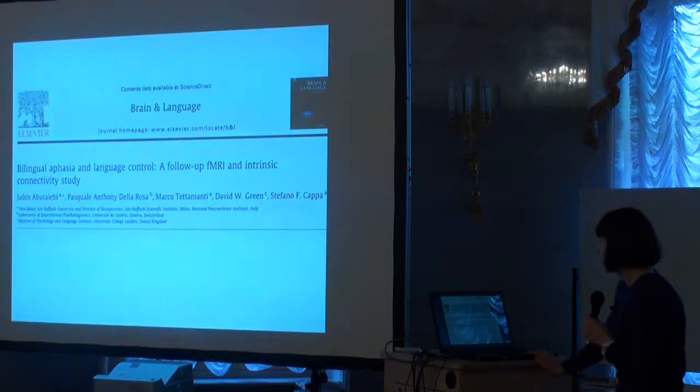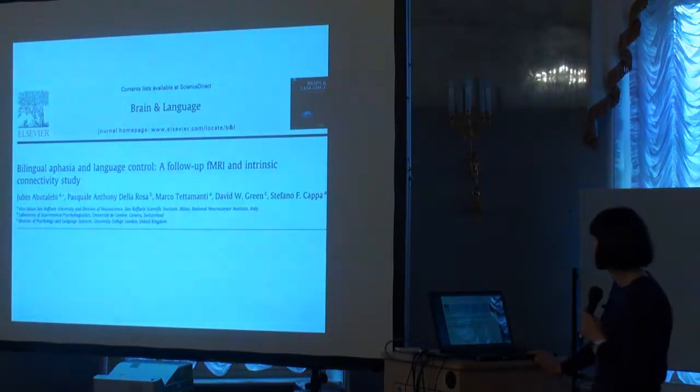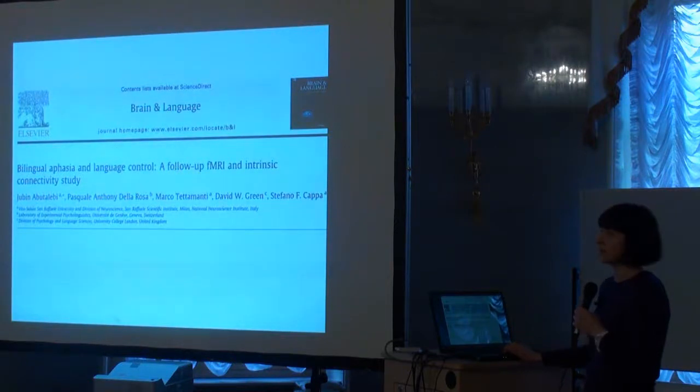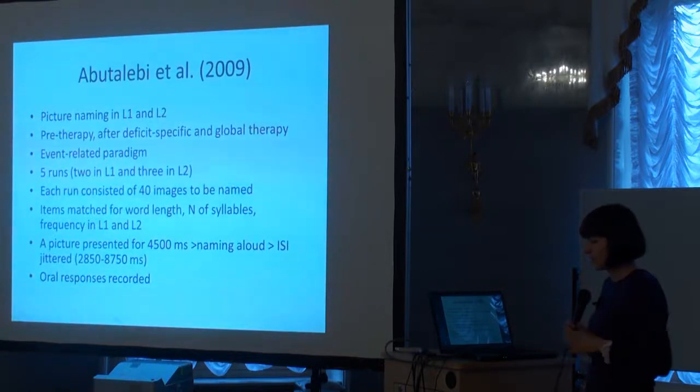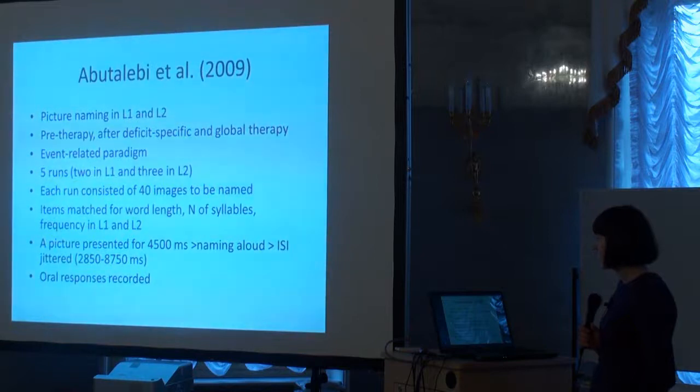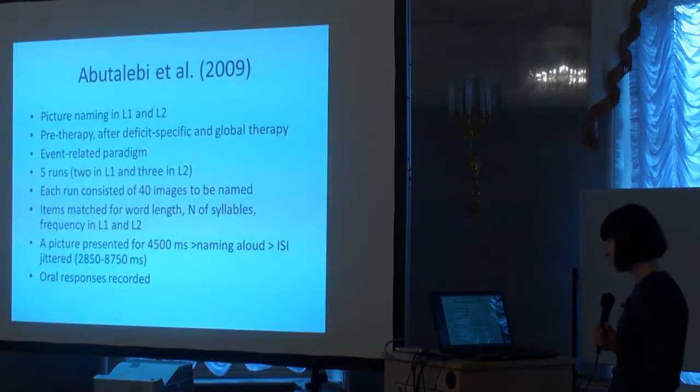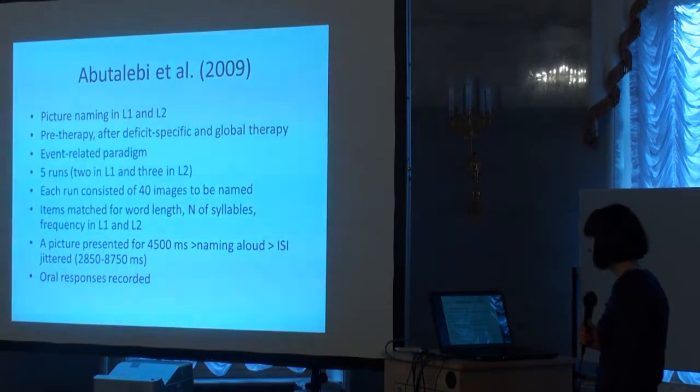Another example is about bilingual aphasia again, and this is an author who is doing a lot in the field of bilingual aphasia, for those who are interested. Their participant was a Spanish-Italian bilingual speaker, and they used picture naming in his L1, which is Spanish, and L2, which is Italian in his case.